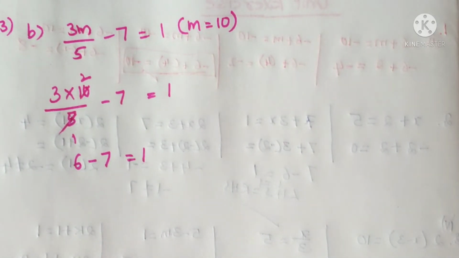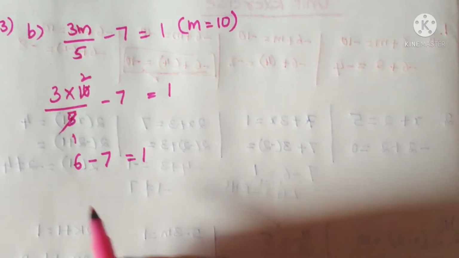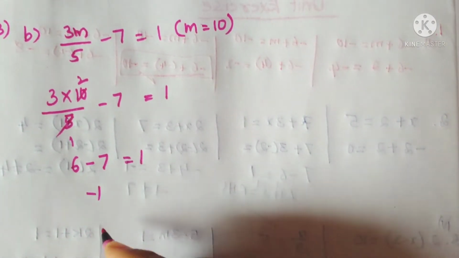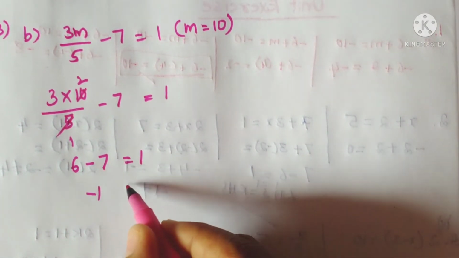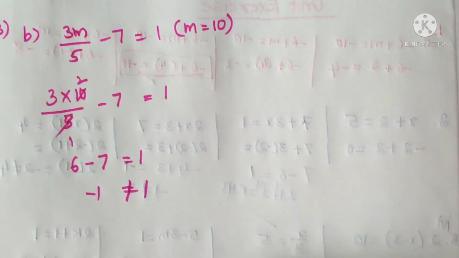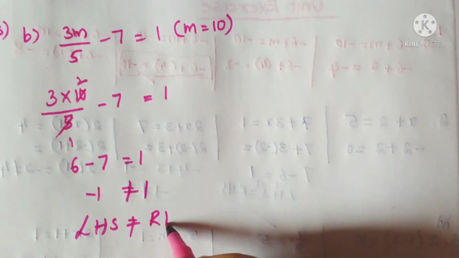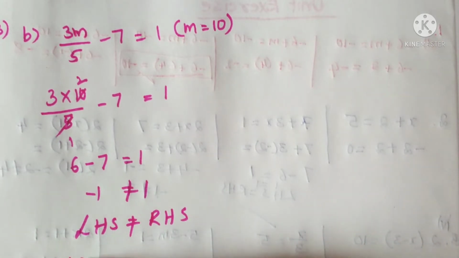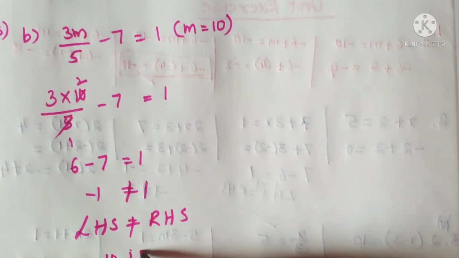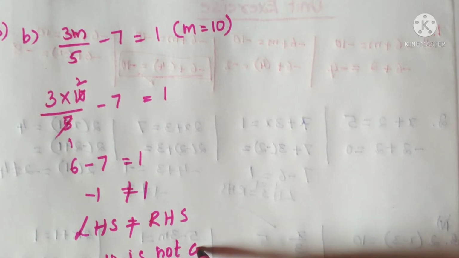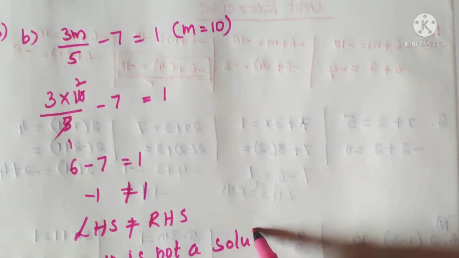Okay, so what is 6 minus 7? 6 minus 7 is minus 1. Bigger number has the minus sign now, and minus 1 not equals 1. So LHS not equals RHS, and we can write m equals 10 is not a solution of given equation.